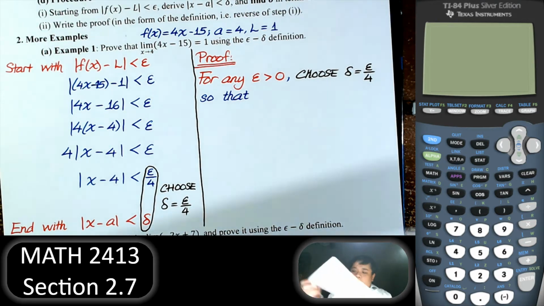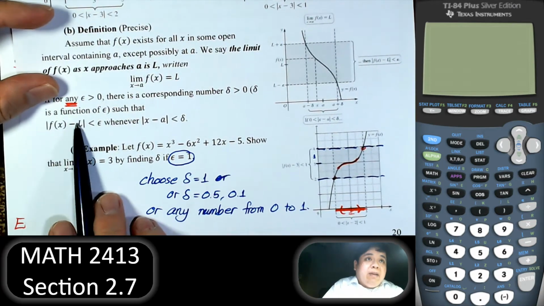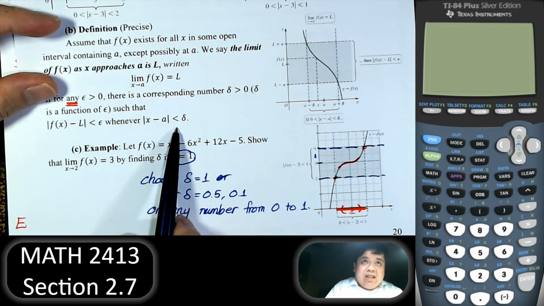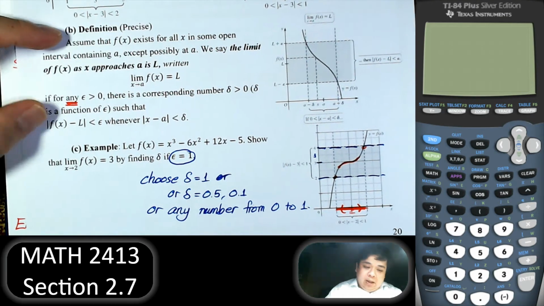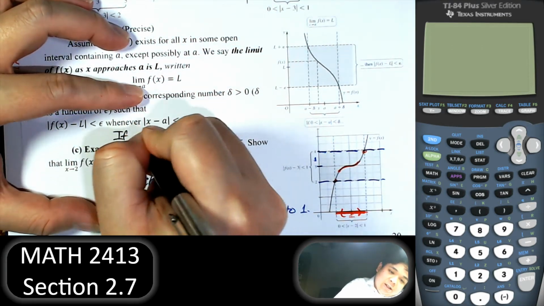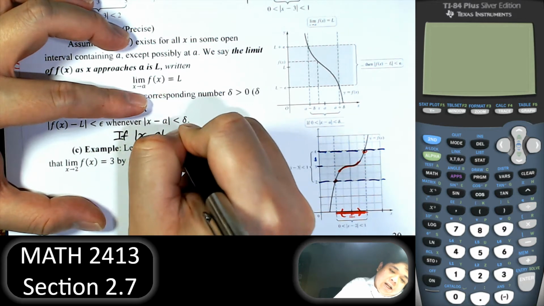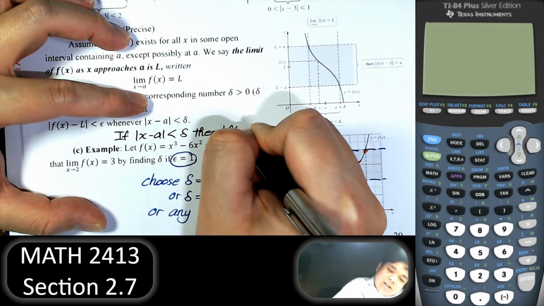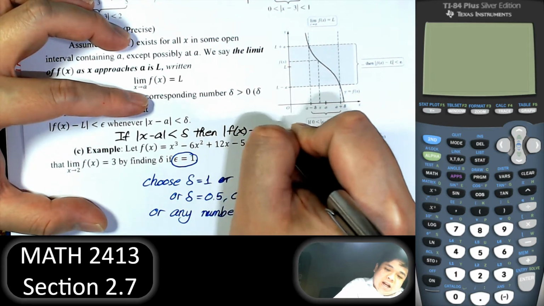by the way, when we write |f(x) - L| less than epsilon whenever |x - a| less than delta, the equivalent is: if |x - a| less than delta, then |f(x) - L| less than epsilon.